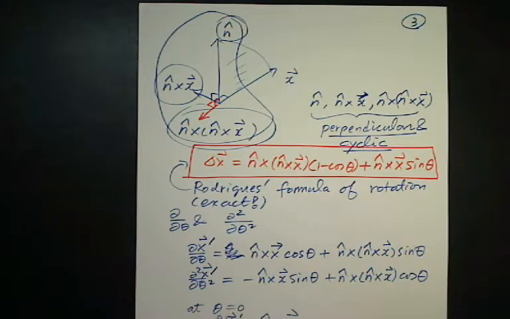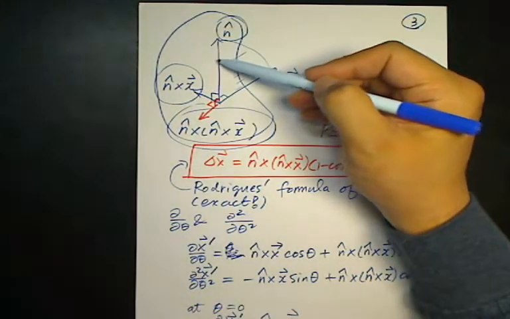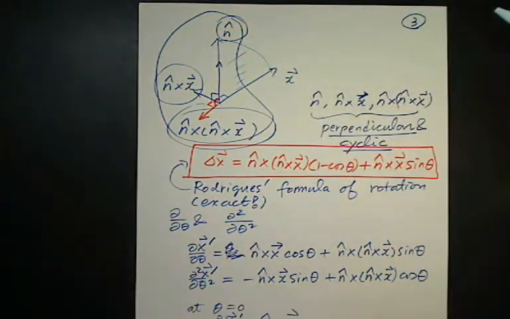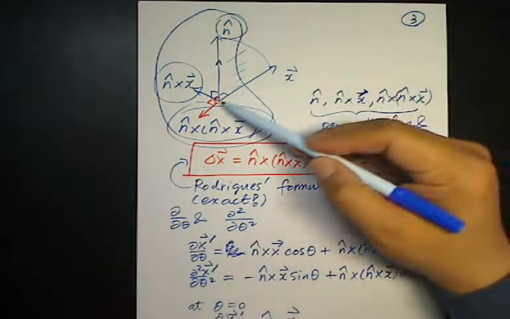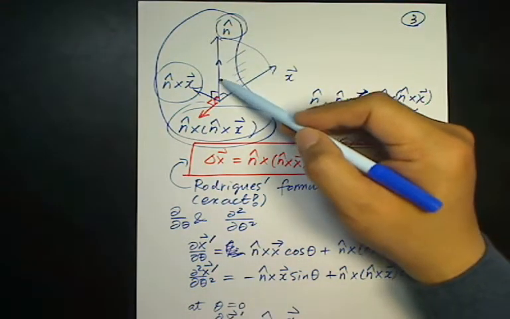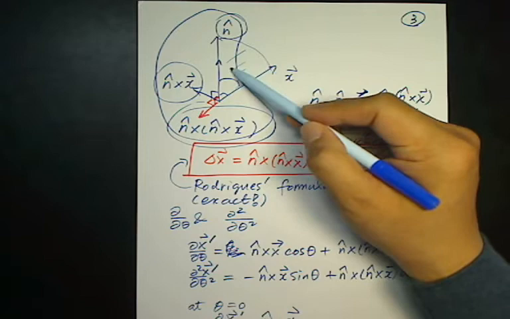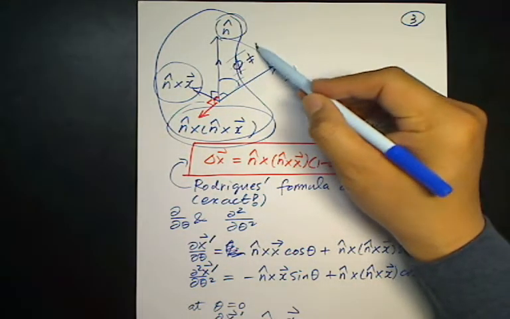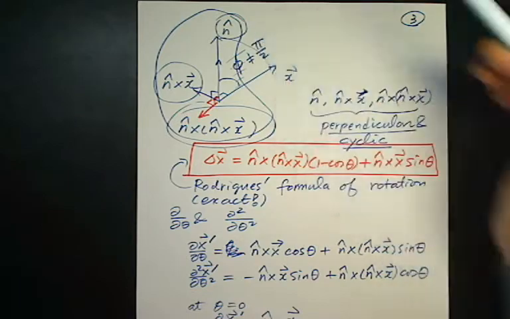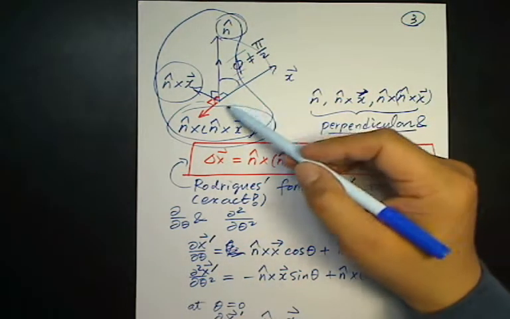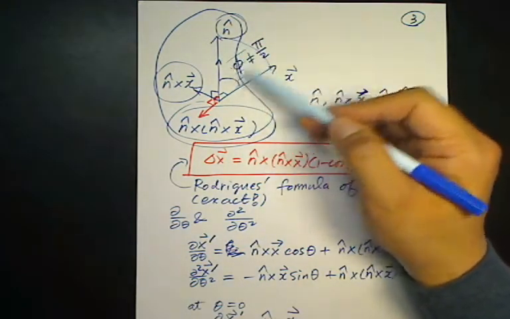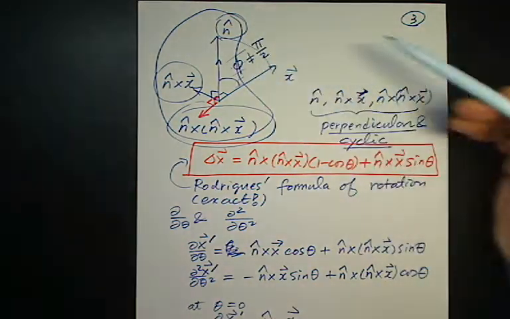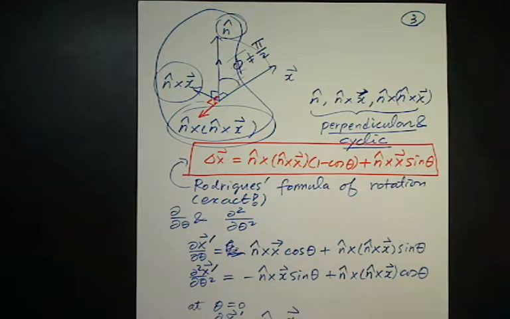So the result shows that we have the axis of rotation n hat and an arbitrary vector x that does not have to be perpendicular, and we have a plane made of n hat and x.